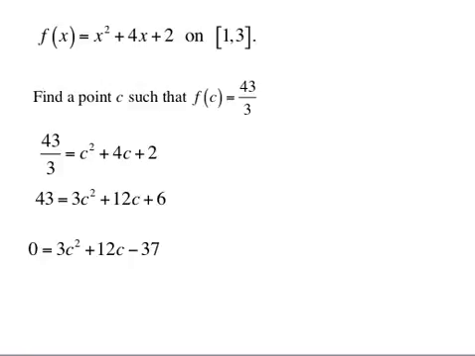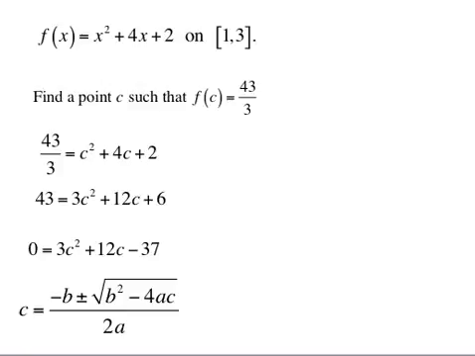Now to do this, we're going to use the quadratic formula. Normally we would say x equals negative b plus or minus the square root of b squared minus 4ac all over 2a. But I have to say c because we're solving for c, so I apologize for using c in two different ways here. But that's what we're working with, and we can plug in those values and see what we get.